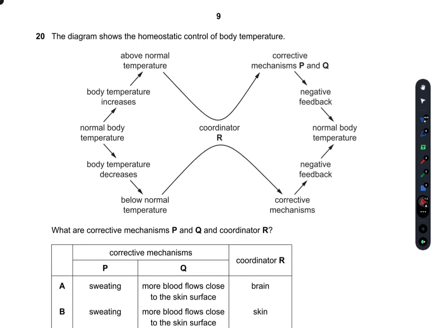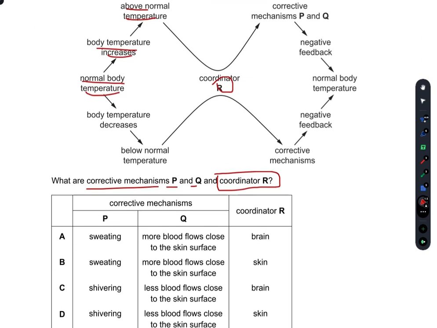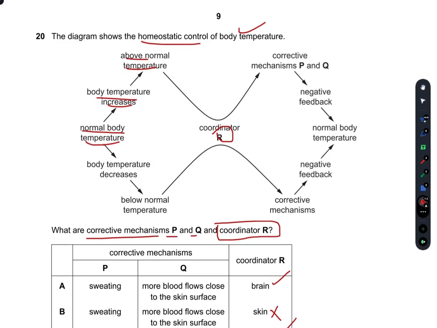The diagram shows the homeostatic control of body temperature. So what are the corrective mechanisms P and Q, and what is the coordinator R? When the body temperature increases above normal, the message goes to the coordinator R. The coordinator R is definitely the brain, because the skin alone would not be able to perform mechanisms like sweating or shivering.